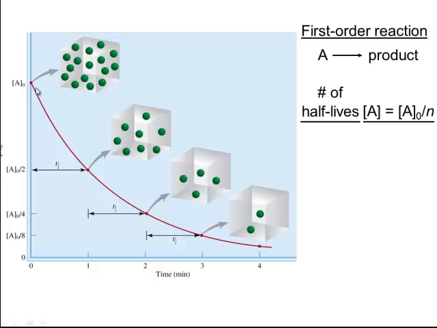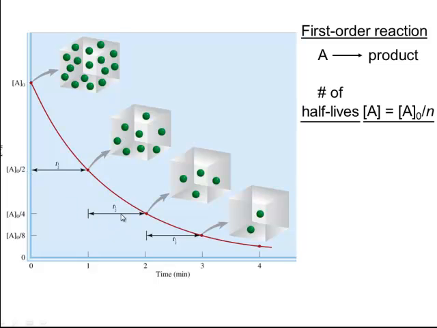So this is depicted graphically as follows. Here is the concentration of the reactant A. It decreases with time, and the initial concentration out here is A0. Now, in one half-life, the concentration becomes A0 by 2.